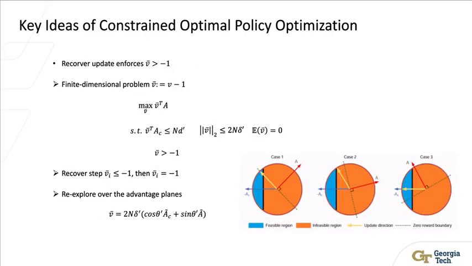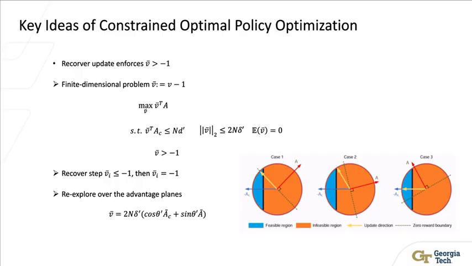Another question this CPPO addresses is to enforce the element-wise constraint for V bar. We see that in the finite dimension problem we discussed before, the element-wise constraint is that V bar should be larger than minus 1. And CPPO proposes a recovery step, whereby they consider that if there's a dimension in V bar which is less than minus 1, then they fix this dimension to be minus 1.